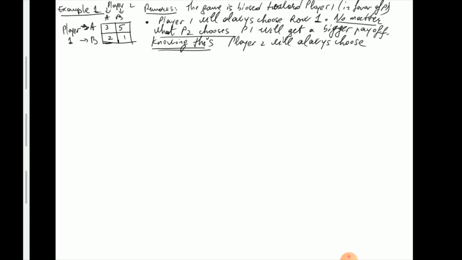Okay, so knowing this, or assuming that player 1 behaves rationally and will choose row 1, player 2 will obviously choose column 1, because that choice will minimize the loss.